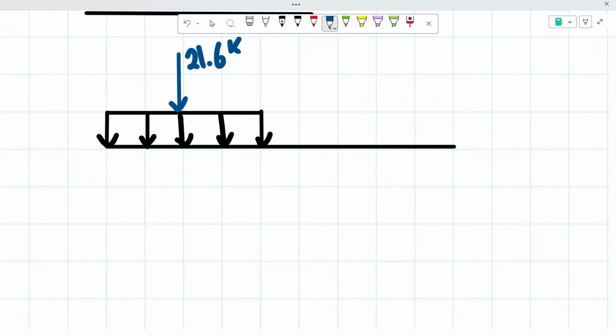From there, we know that we have our reaction at our point A, so which would be right here.